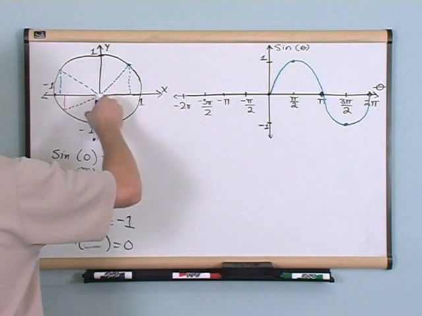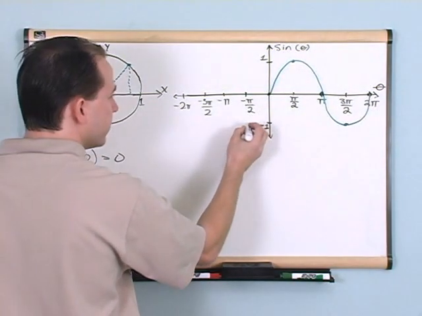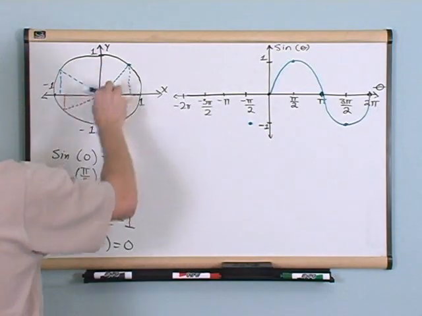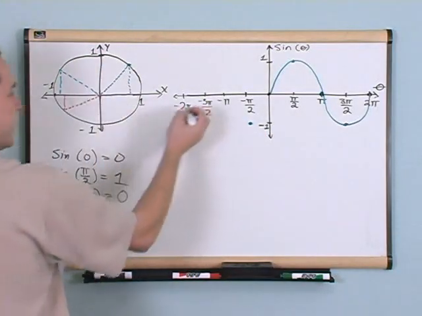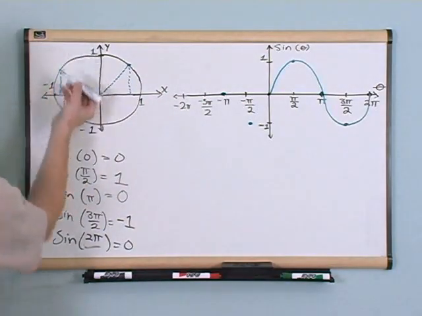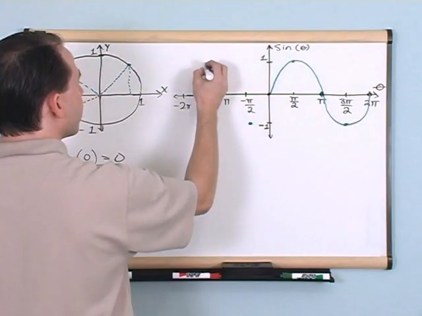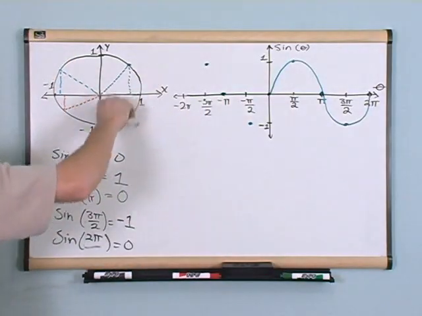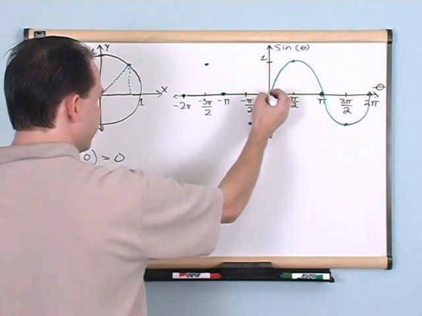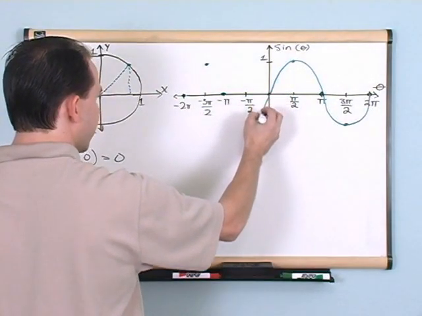At negative pi over 2, the sine is going to be -1. At negative pi, which is going this way over here, it's going to be 0. At negative 3 pi over 2, it's going to be up here. And then as you sweep around to negative 2 pi, it's going to be back to 0. So I will draw this as kind of a dotted line here.